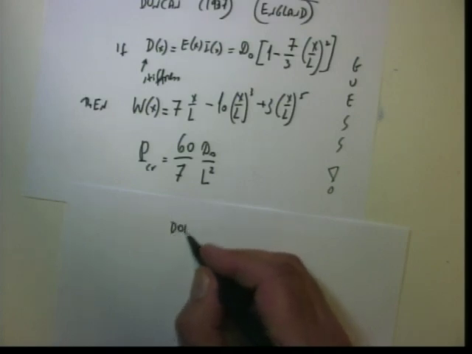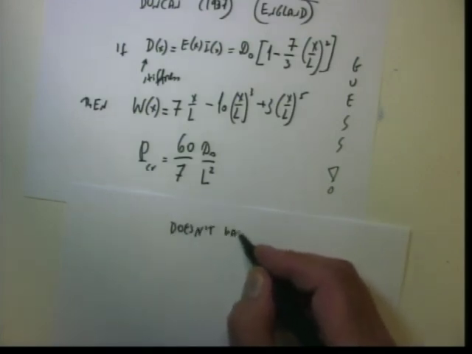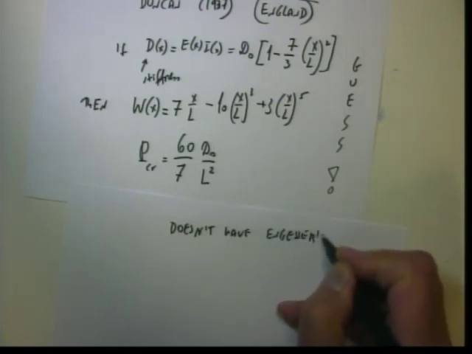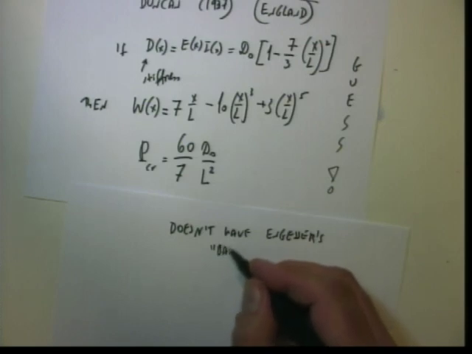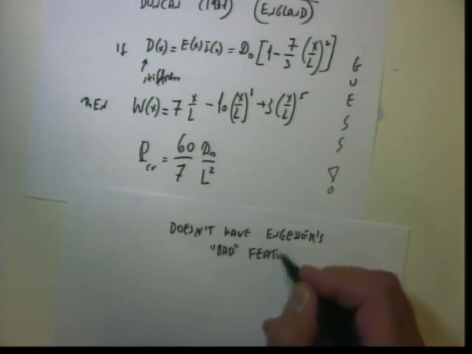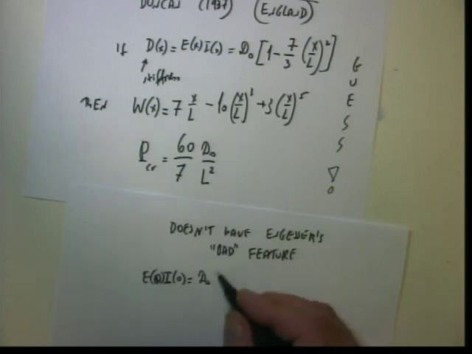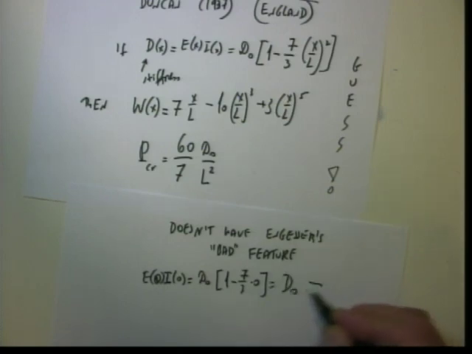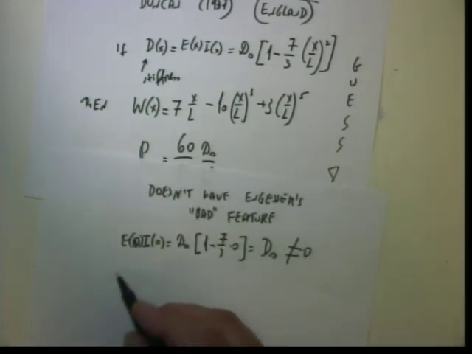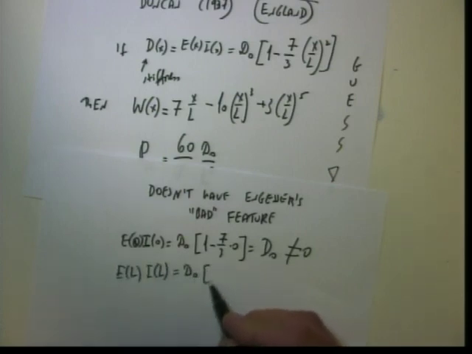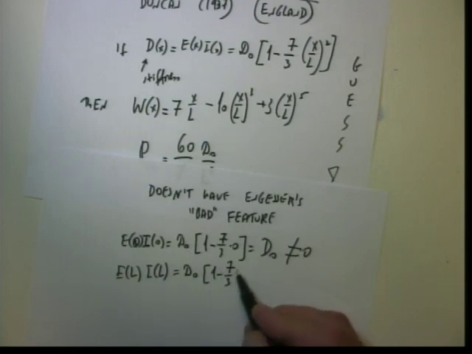Okay, it does not have Engesser's bad feature, because E0 I0, for example, equals d sub 0 times (1 minus 7/3 times 0), which is just d0. It does not equal 0. And E(L) I(L) equals d0 times (1 minus 7/3).